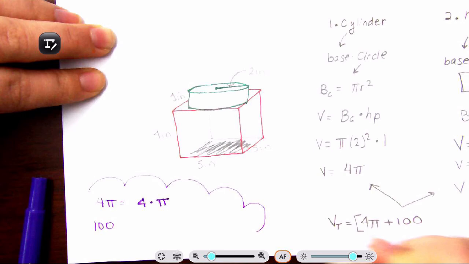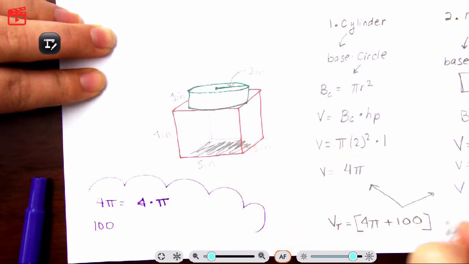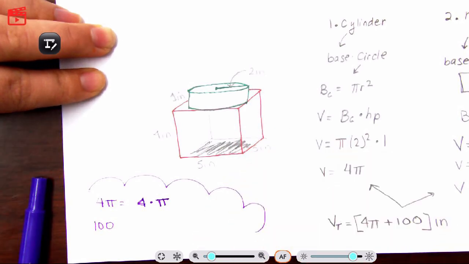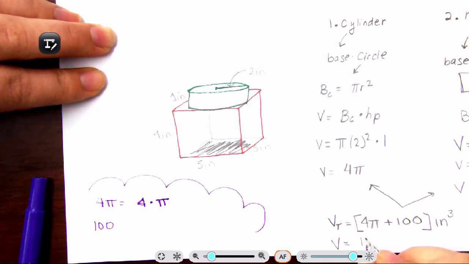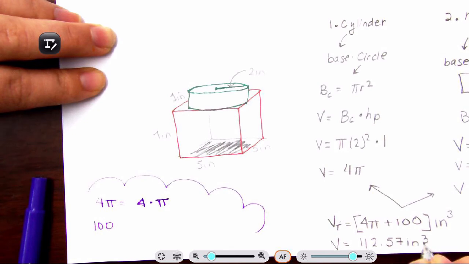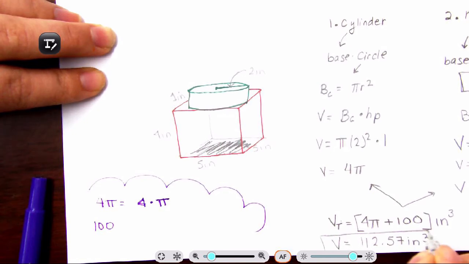So this right here, what are our units? Our units are inches. What are we working on? We're working on volume, so it's still cubed. If it is asking you to round your answer, then go ahead and use your calculator. And let's say we are rounding to 2 decimal places, and you can do so like that.